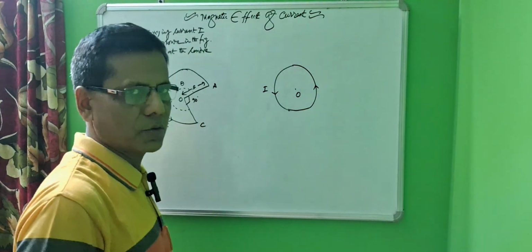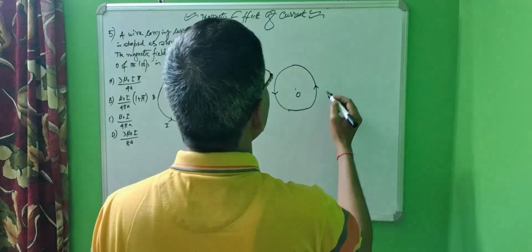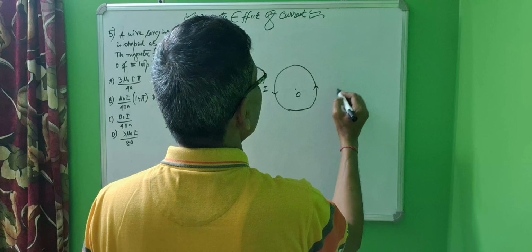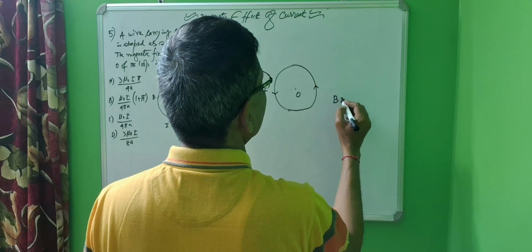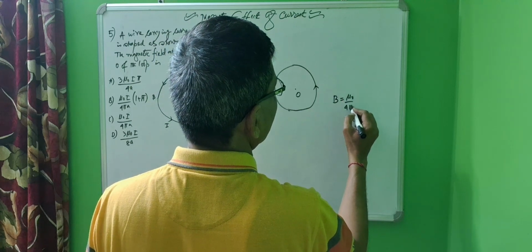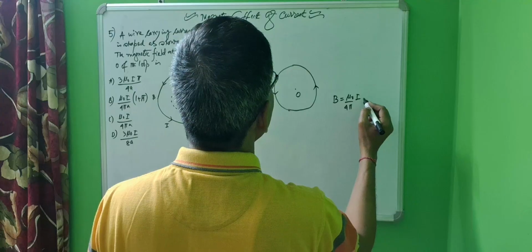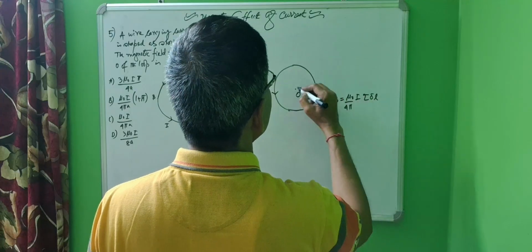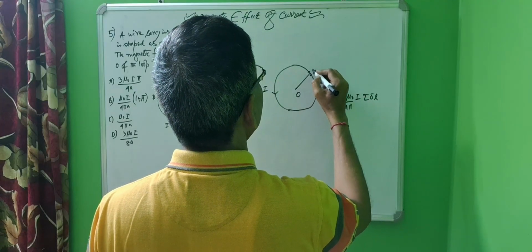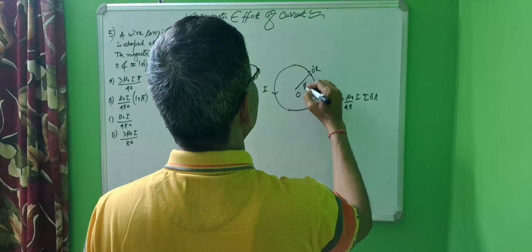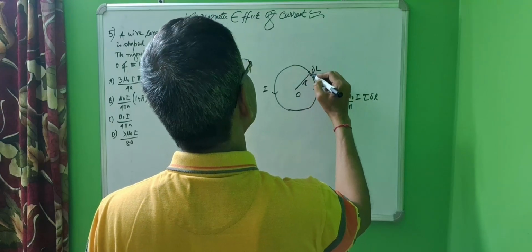Using Biot-Savart's law, we get B equals mu 0 upon 4 pi, I sigma. Suppose this is delta L, this is the R vector, this is the delta L vector.